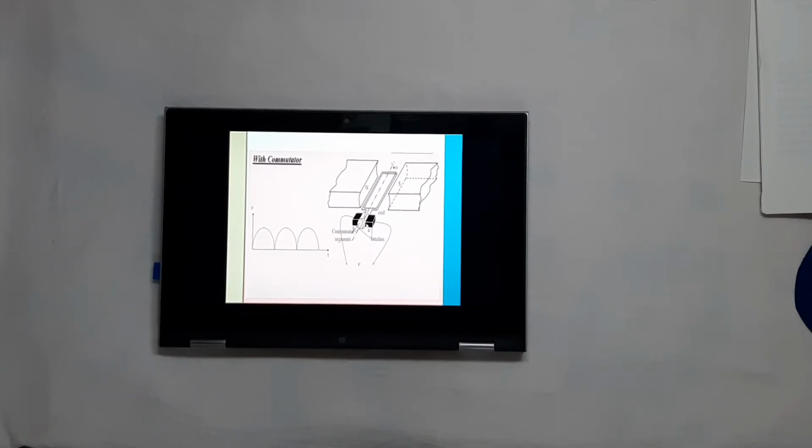They are brushing the commutator segments. You can see here, in the first half cycle, when this coil is under the influence of the N pole, this commutator segment is connected to what you can call the positive brush, and the other side is connected to the negative brush.